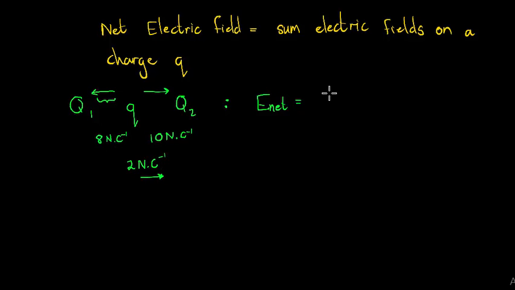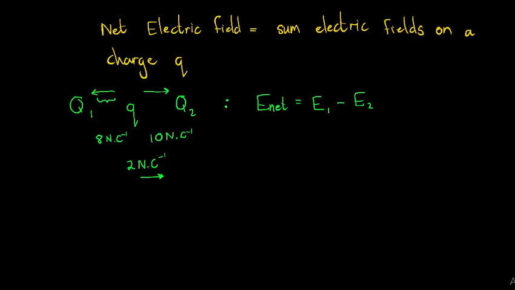Notice it's the difference. So when my unit charge is between two points, my net effect is the electric field of the first charge minus the electric field of the second charge.